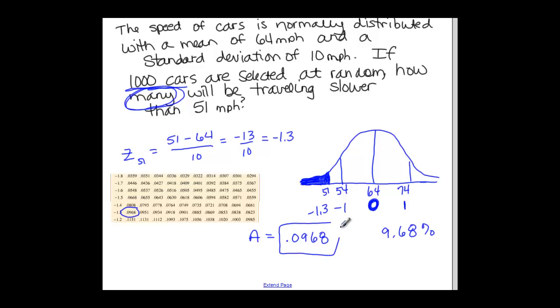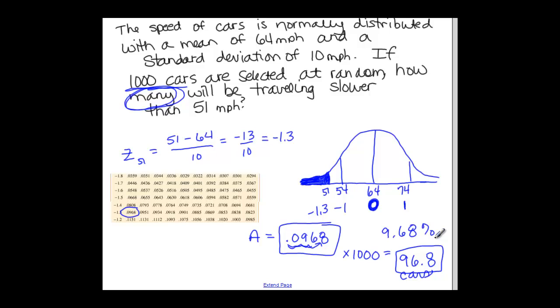So we would want to actually use the decimal form and multiply that by 1,000. You can in your calculator, or we could actually move the decimal point over 1, 2, 3 places, which would give me 96.8 cars would be traveling slower than 51 miles per hour.